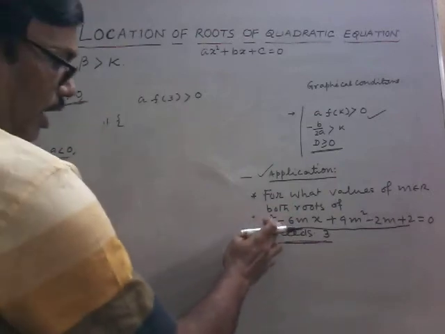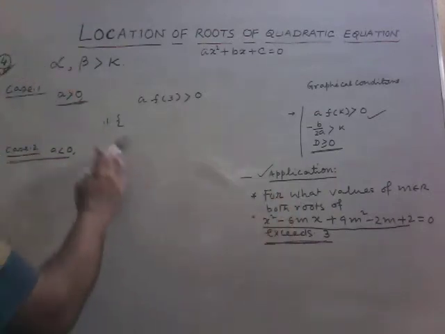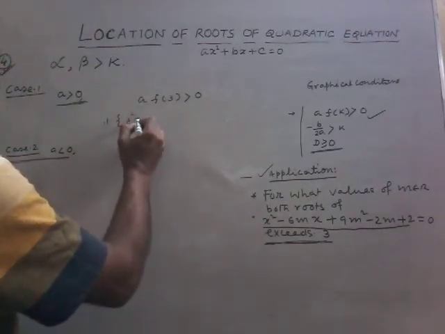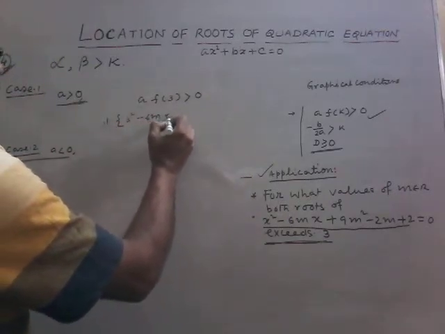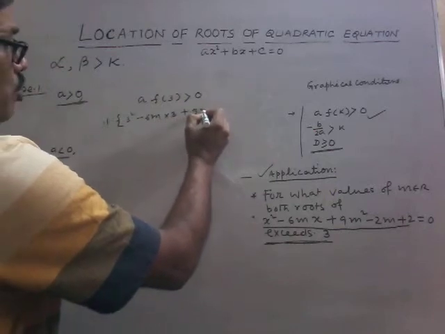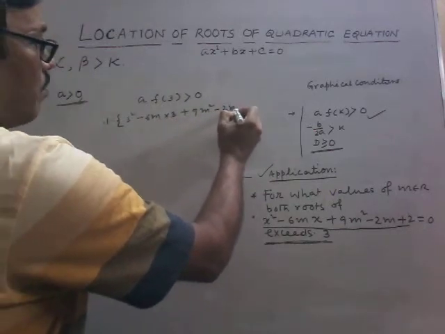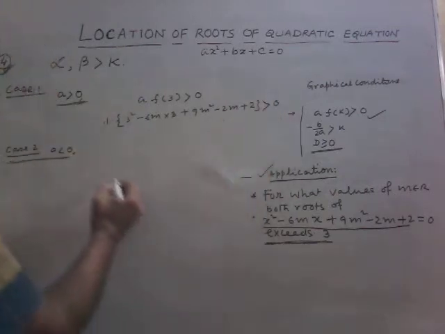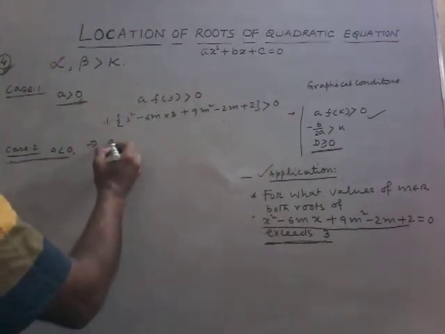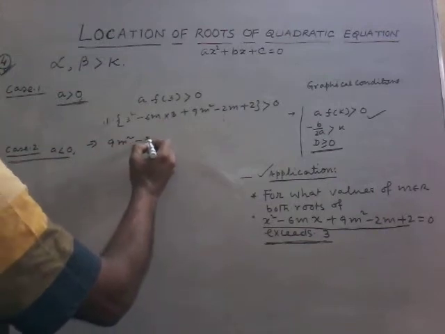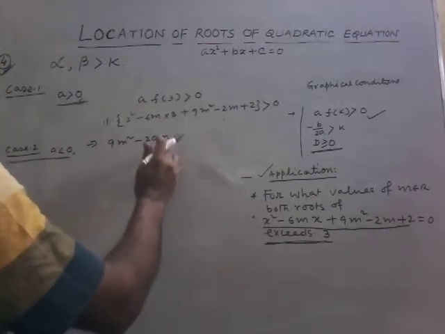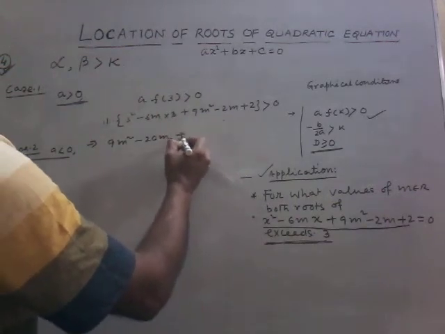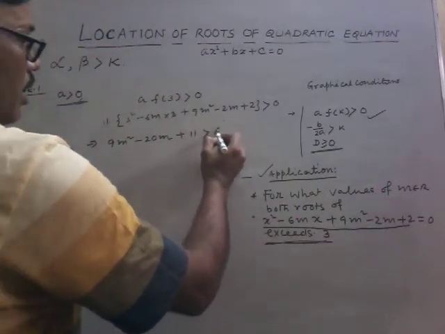So 3 square minus 6m into 3 plus 9m square minus 2m plus 2 greater than 0. If you simplify, 9m square minus 20m plus 11 greater than 0.